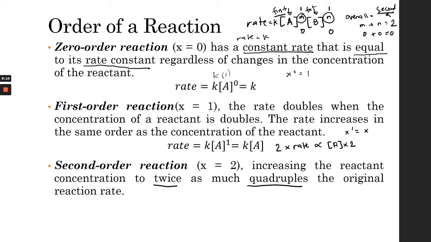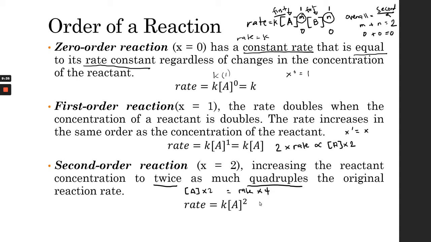So ibig sabihin, if I double my reactant, ang nangyayari sa rate mo, it actually becomes quadruple.